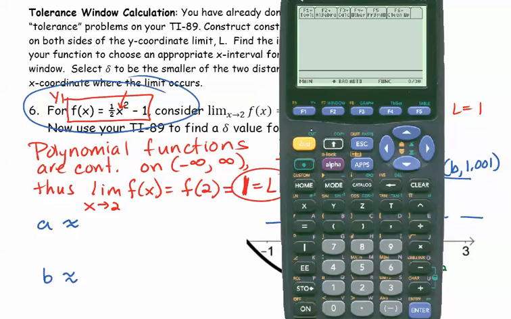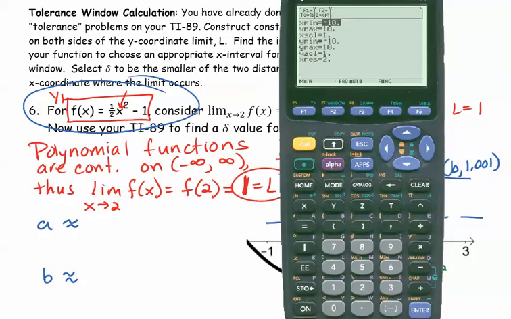And let me go to the Y editor, and I have already entered these values as my 2 horizontal lines. Y1 is our parabola. And now we want to think about our window. So we're going to go to our window here.